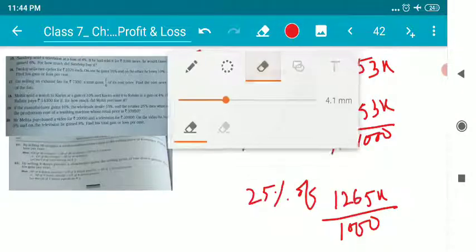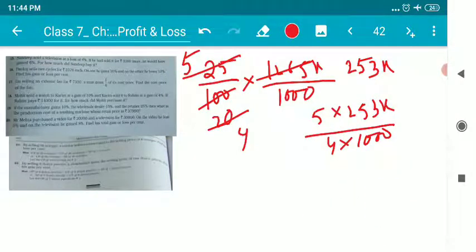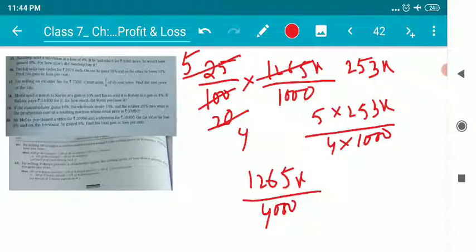Let us multiply this one, children. So this will be 1265x by 4000. This is the profit amount.